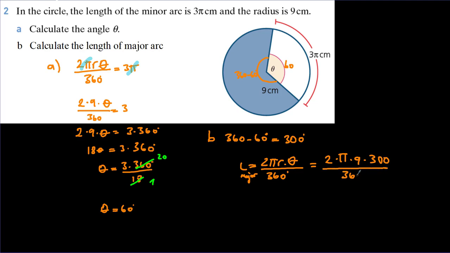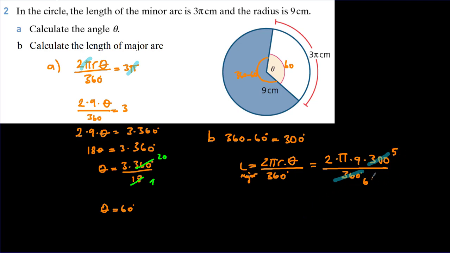divided by 360, and if you divide both of them by 60, this is going to be equal to 6, and this is going to be equal to 5.